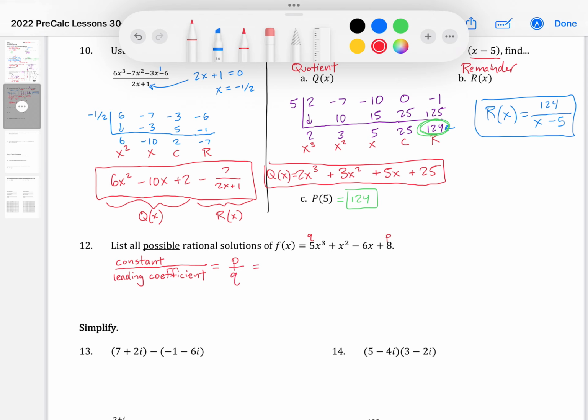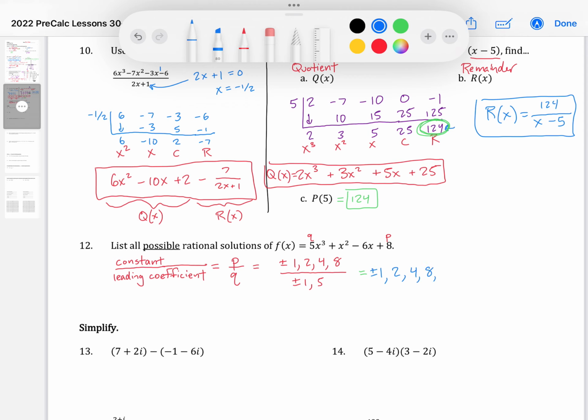So if we look at the constant, that's 8. So the factors of 8 are positive, negative 1, 2, 4, and 8. The factors of Q, which is just 5, are positive and negative 1 and 5. So if we divide all of those out, 1 divided by 1 gives you 1. 2 divided by 1 is 2. 4 divided by 1 is 4. 8 divided by 1 is 8.